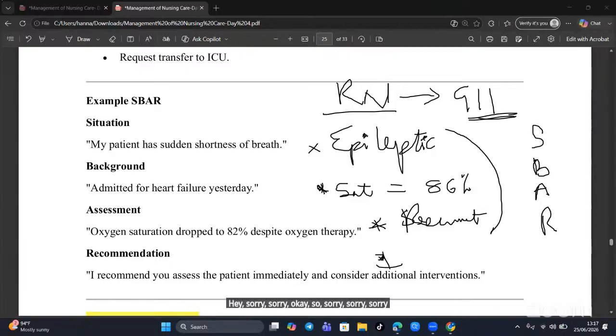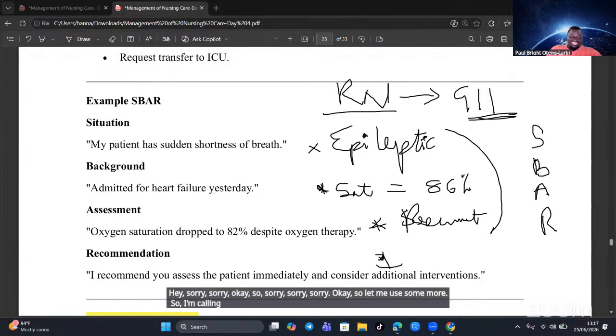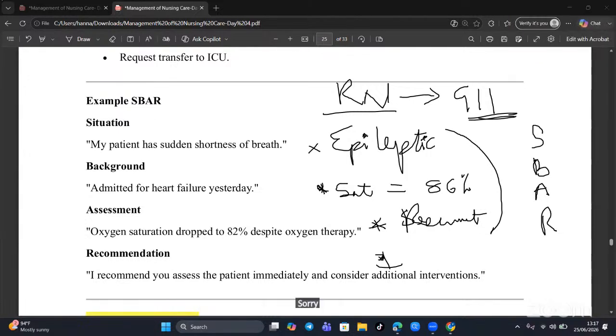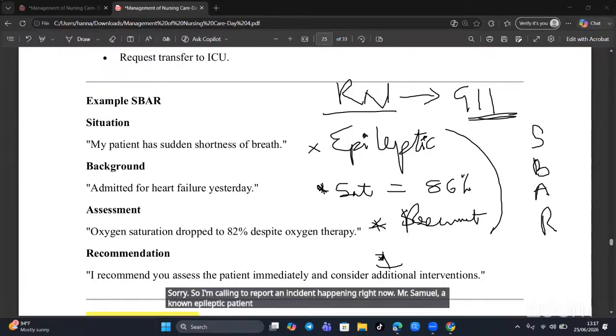Let me use Samuel. Mr. Samuel, a known epileptic patient, is currently having a seizure lasting over 5 minutes.